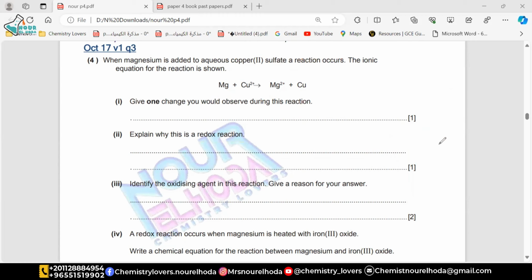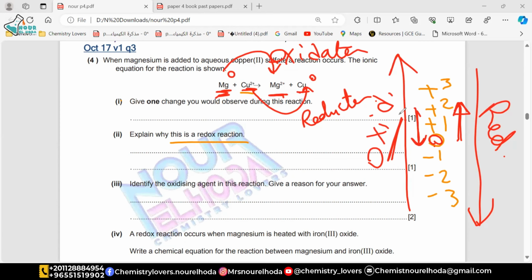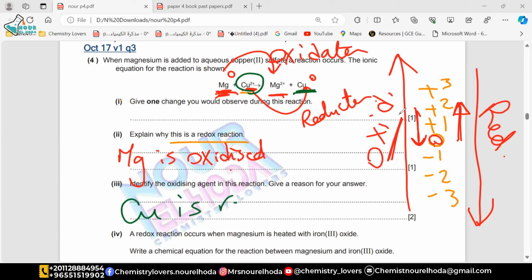For this question, all the time you need to say because the magnesium is oxidized. And copper positive 2 becomes copper 0, without any charge, so it's reduction, so I'm going to say copper is reduced.